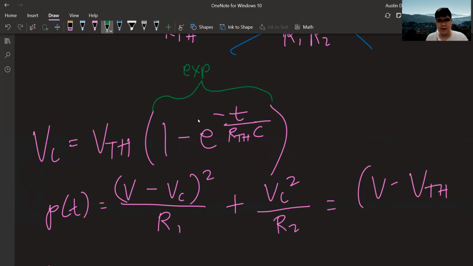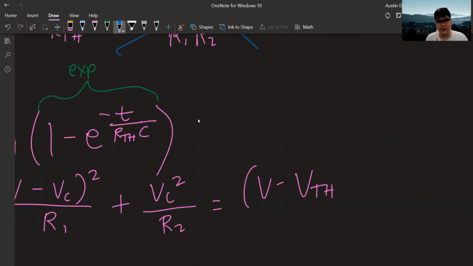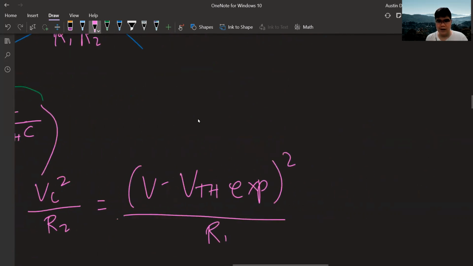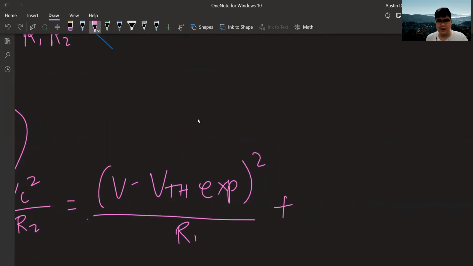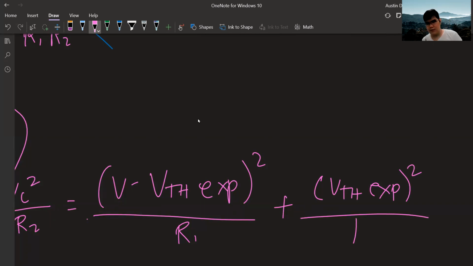EXP. So this is VTH EXP, and then squared all over R1. Wala na, sinulat ko lang ganun para hindi ako mahirapan magsulat. Then VC squared is just VTH EXP squared. And then R2. Okay?